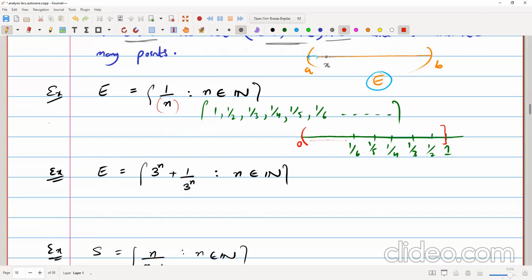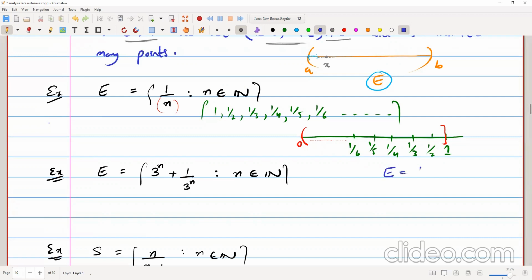Okay, now let us talk about the limit point of this set. Now can we see any point in the neighborhood of 1, or any point here in this neighborhood? Is there any accumulation? This is the set E, for instance.